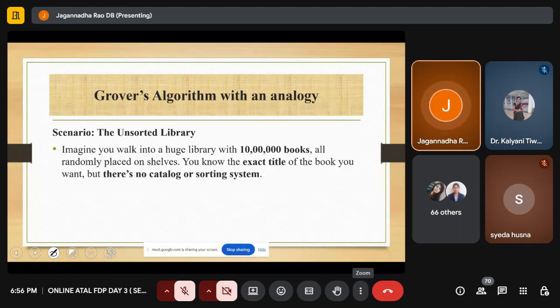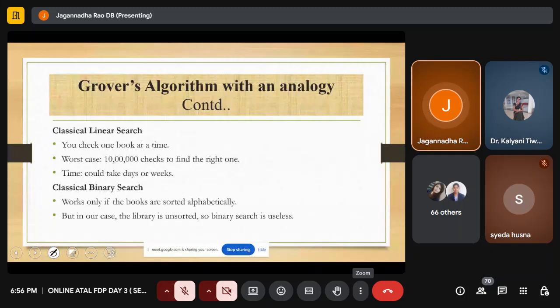Why? Because in a library, students take books and put them back in different places, not in the proper place. You can know the exact title of the book you want, but there is no catalog or sorting system. This is a huge number of books. So that's classical search. In classical search, you check one book at a time.